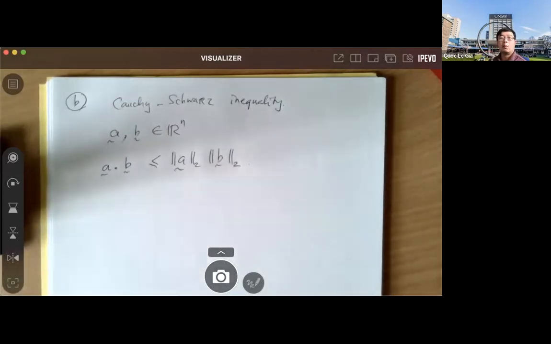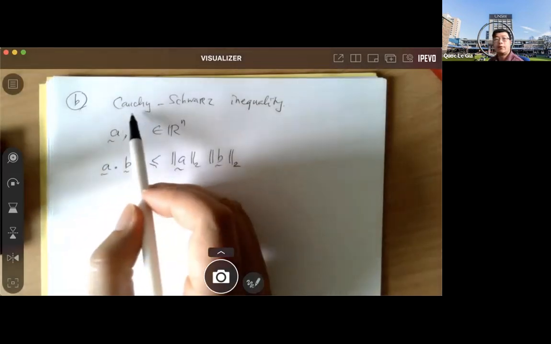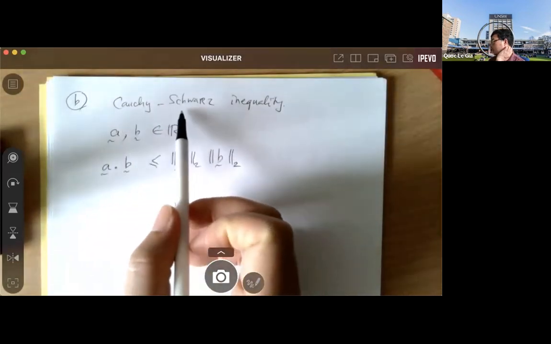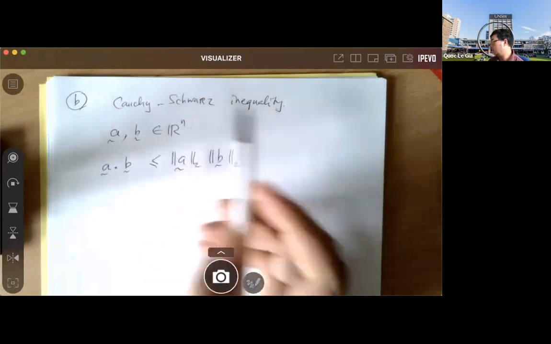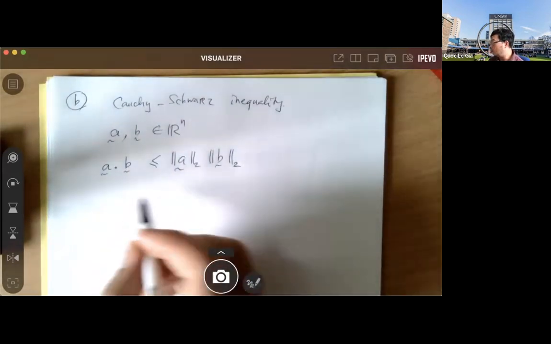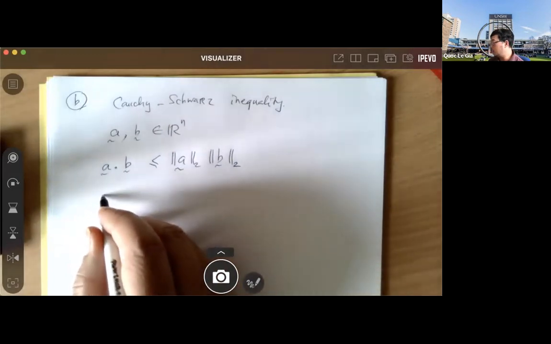So why is that? Well, Cauchy was a French mathematician, and Schwarz, I think, a German mathematician. They came up with this inequality maybe 300, 400 years ago. But essentially, why is this inequality correct?